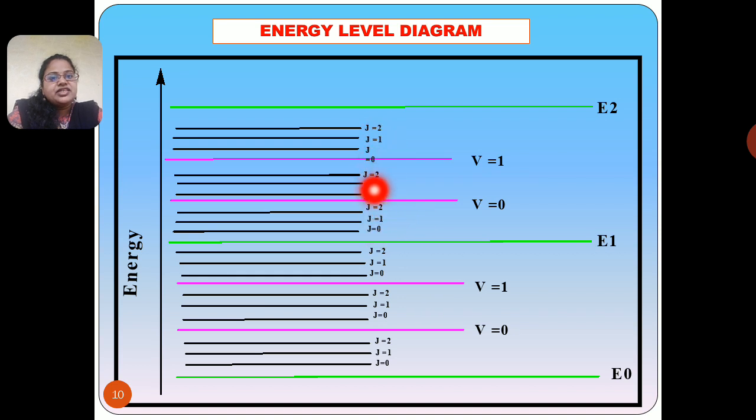Here J is known as the rotational quantum number. In short, in the energy level diagram, the electronic energy level is associated with vibrational energy levels, and vibrational energy levels are associated with various rotational energy levels.